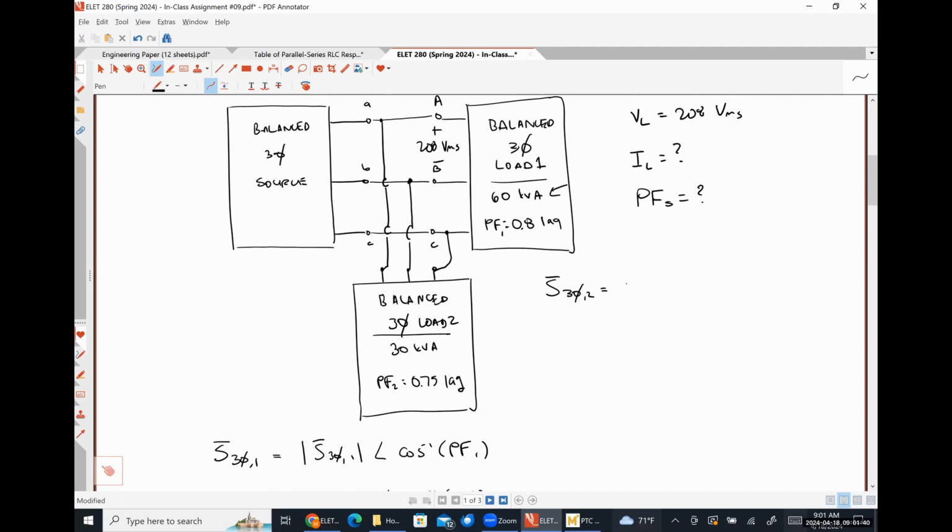So that's going to be 30 kVA with an angle of inverse cosine of 0.75, which I get to be 30 angle 41.410.